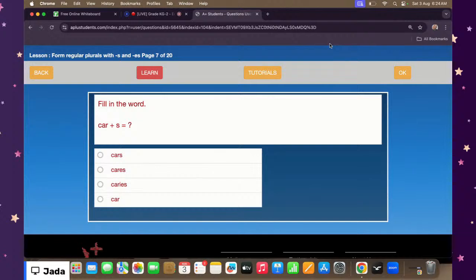Car plus S. Car plus S is what? Cars. Okay? Cars.